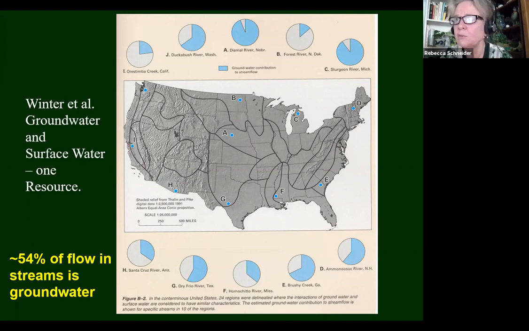You can see it ranges from about 5% groundwater contribution to, in some cases, 80%. And what they found is that on average, 54% of the flow in our streams is groundwater. Not runoff, it's groundwater. And so if you don't want your stream to run dry or to be polluted, you really have to focus on managing groundwater in the landscape.